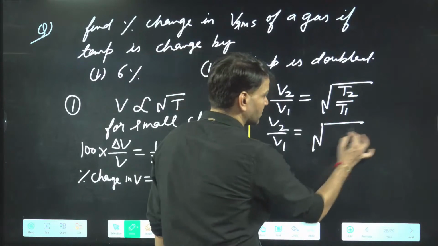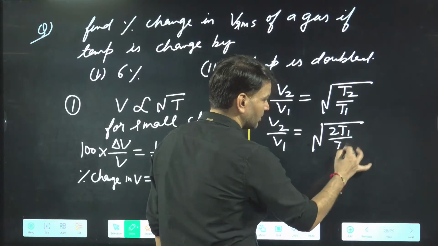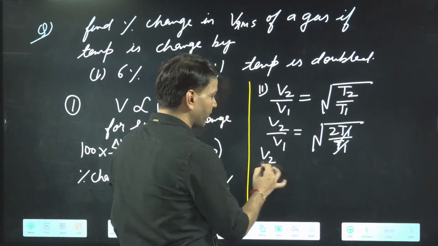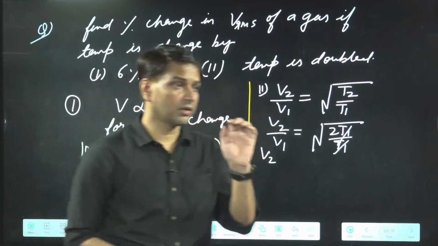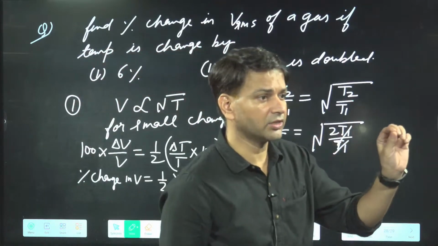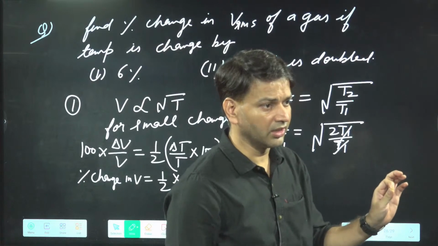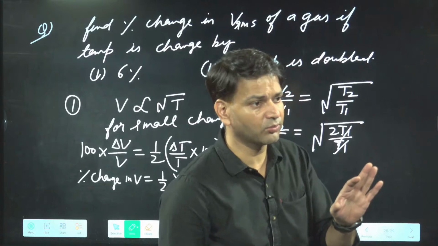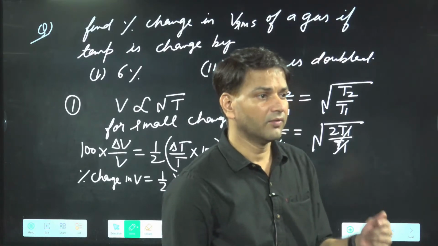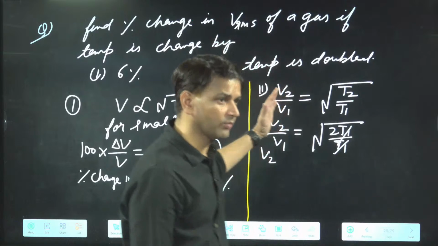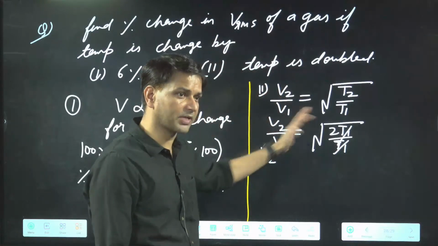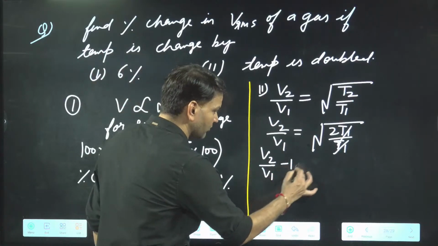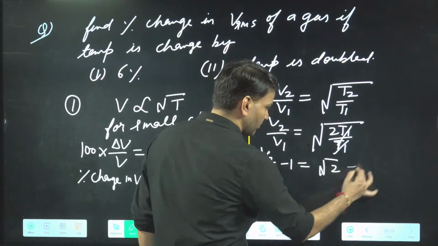T2 is double, so 2T1 by T1. Now T1 and T1 cancel out, giving root 2. For the percentage change, I said, if you remember, always find the ratio of final to initial, subtract 1 on both sides, and you will get the fractional change. Multiply by 100 on both sides, and you will get the percentage change. For a large change like this, you always find final upon initial, subtract 1 on both sides and multiply by 100. So V2 by V1 minus 1 is root 2 minus 1.